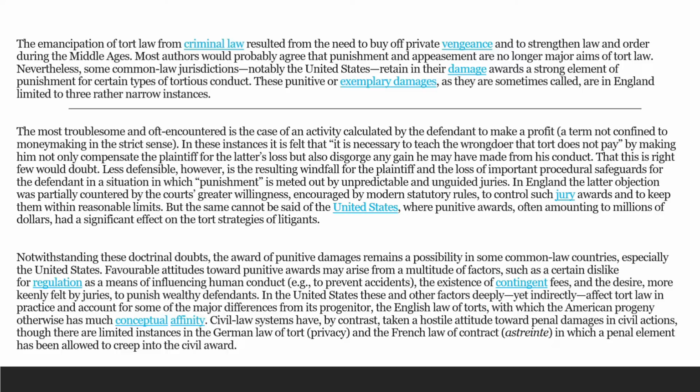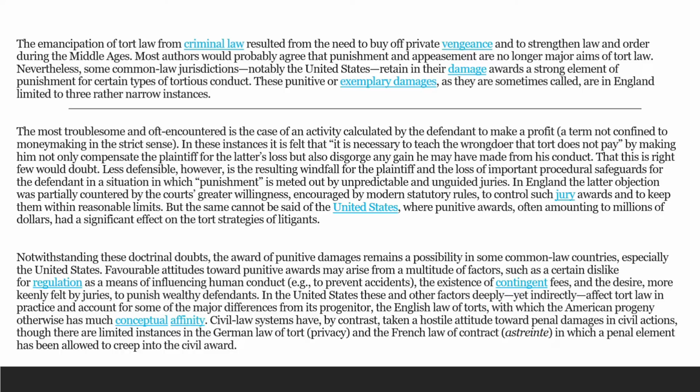Few would doubt it. Less defensible, however, is the resulting windfall for the plaintiff and the loss of important procedural safeguards for the defendant in a situation in which punishment is meted out by unpredictable and unguided juries.